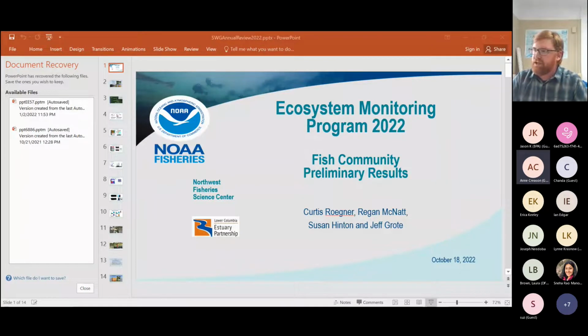Are the slides advancing okay? I'm still seeing the first one, but I think I'm seeing you in your document recovery sort of thing. I'm just seeing the very first page.